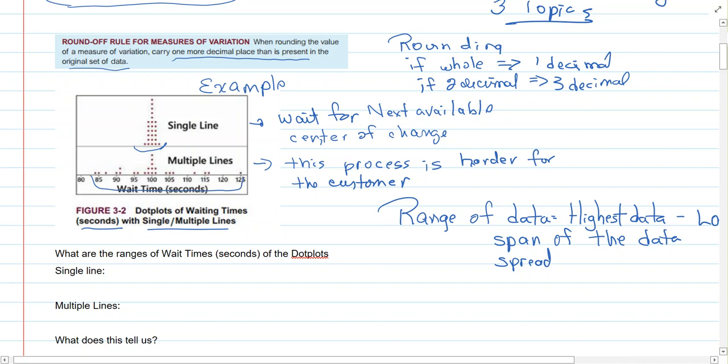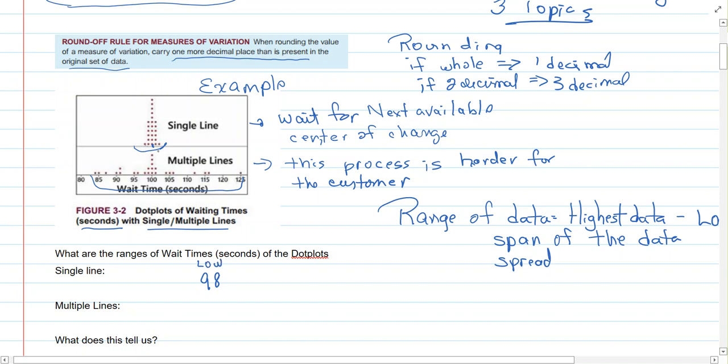So that's what they're asking us. What are the ranges of wait times in seconds of the dot plots? So the single line. We can see that the very center is 100. So I can say 100 is right here. So 99, 98. 98 is the low.